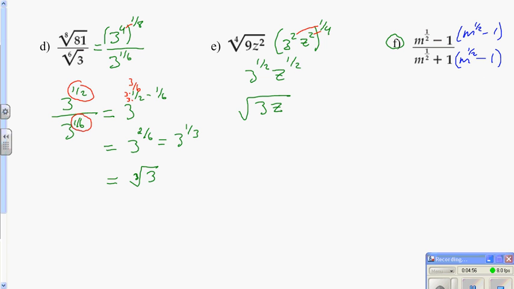Now, I know this looks different, but really this is square root m plus 1. And we handled this in our last lesson. So just because the notation changed doesn't mean that it's actually going to be handled different.